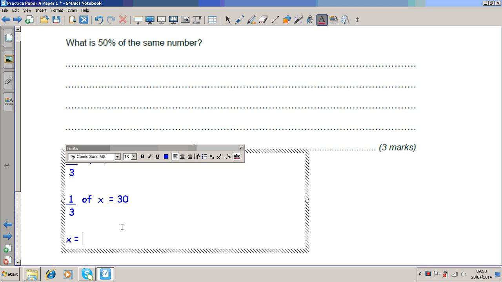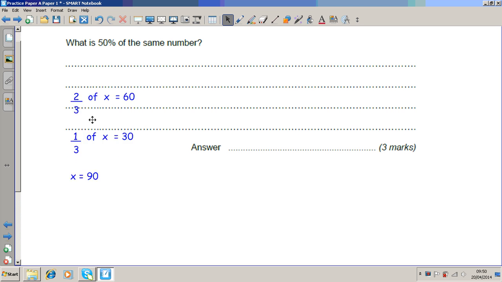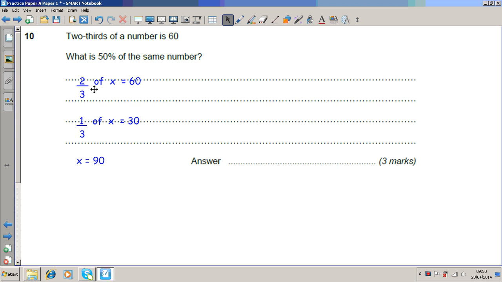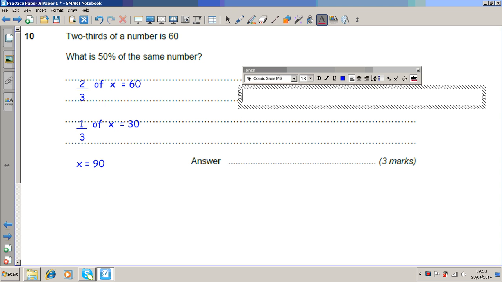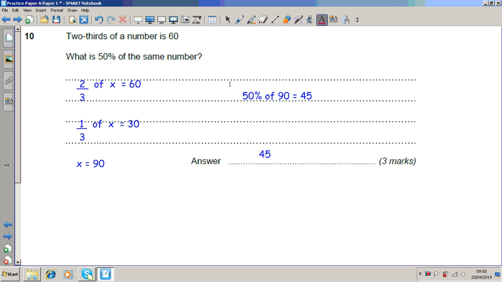Well, then x is going to have to be 90, so 1/3 of 90 is x. So I know that my number is equal to 90, so now 50% of 90 is the same as half of 90, which is 45. So your answer is 45.